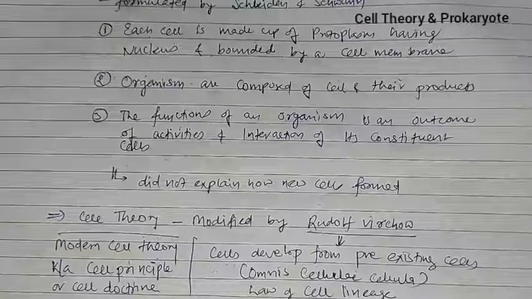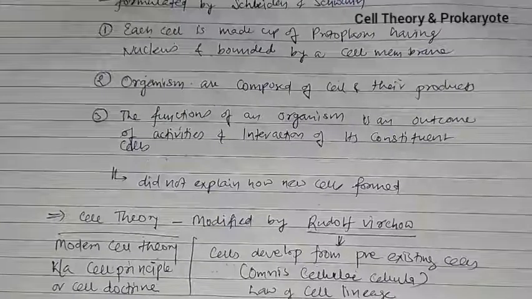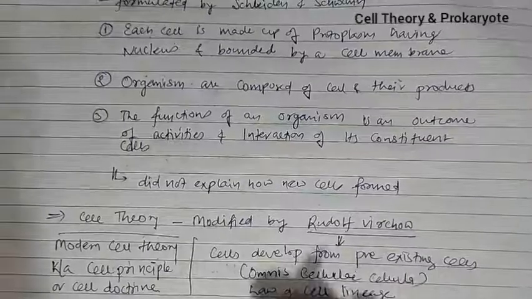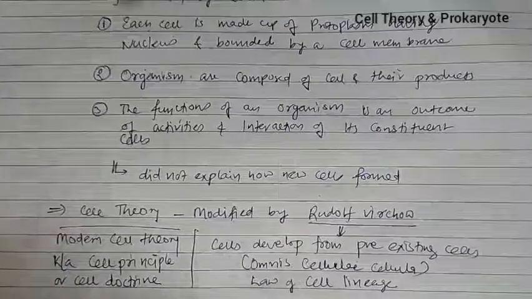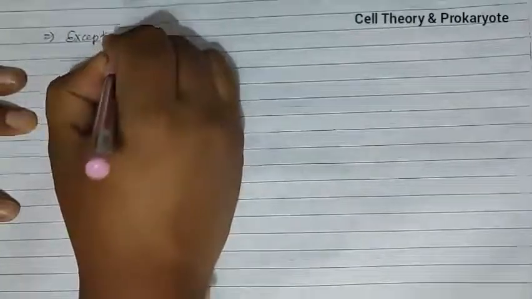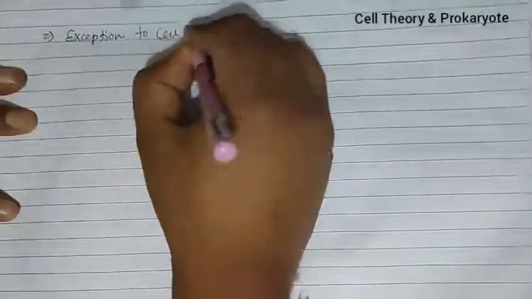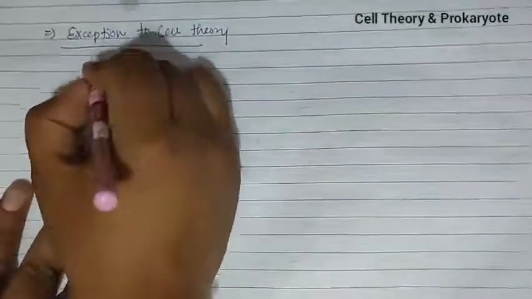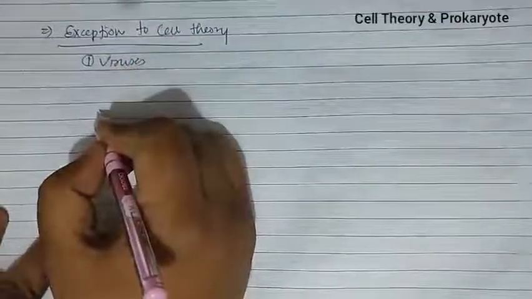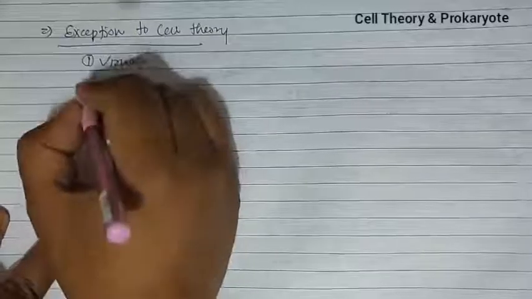Now there are some exceptions to the cell theory as well, or we can call them drawbacks of the cell theory, and we take those into consideration. The exceptions, where the cell theory is not applied, are: first, viruses, they cannot be explained using this cell theory.